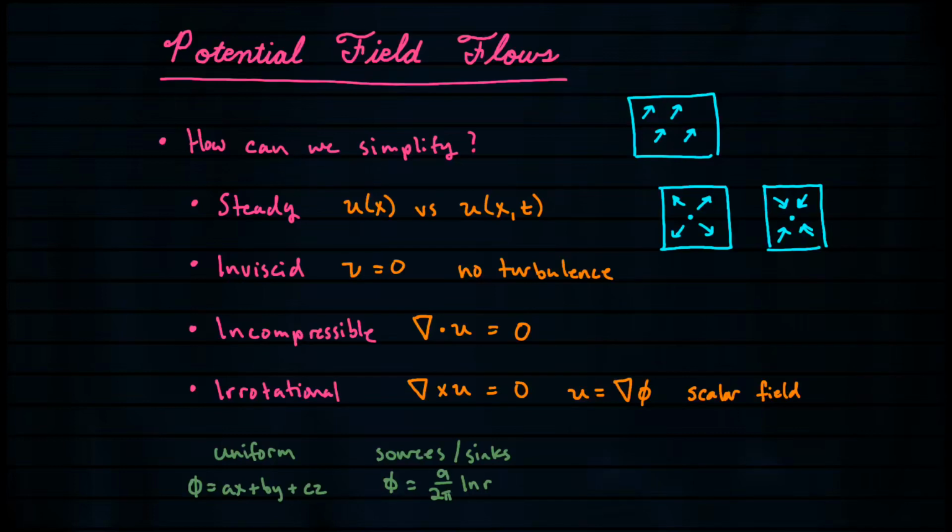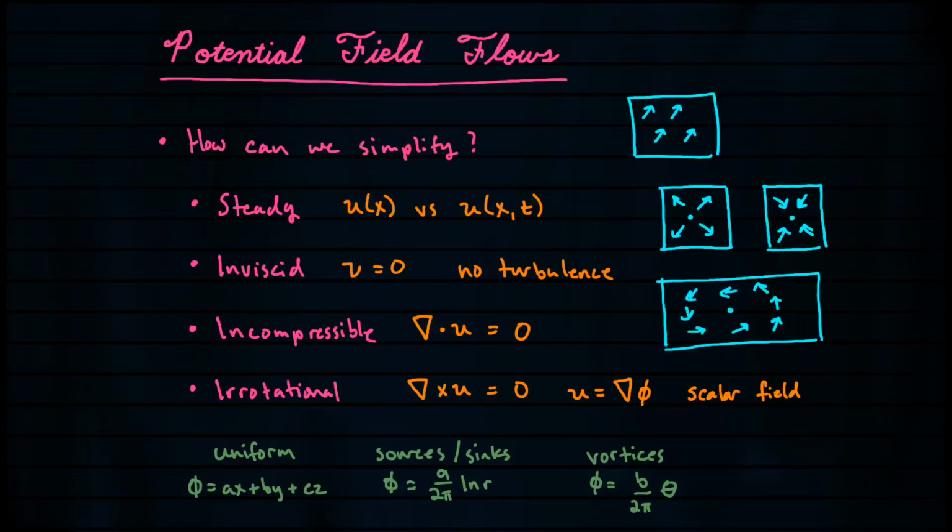And lastly, we might want to do vortices. This is something we can do by setting phi equal to b over 2 pi times theta. What this will let us do is have the flow going around one of our points. If you're thinking of the Eulerian method, these would be the cells and the fluid would be going around.